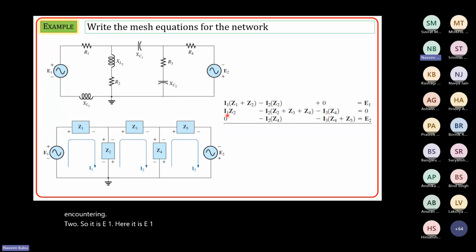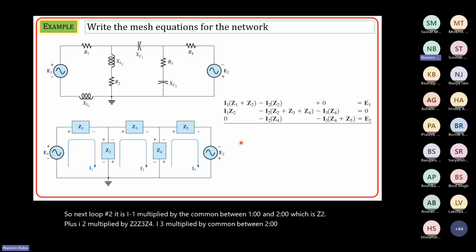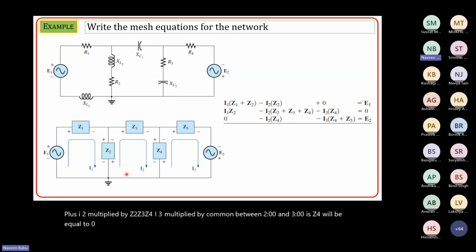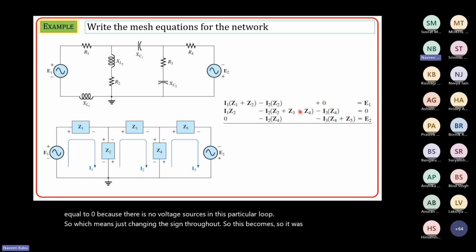Next, loop number 2: it is minus I1 multiplied by the common between 1 and 2, which is Z2, plus I2 multiplied by Z2 plus Z3 plus Z4, minus I3 multiplied by the common between 2 and 3, which is Z4, will be equal to 0 because there are no voltage sources in this particular loop.